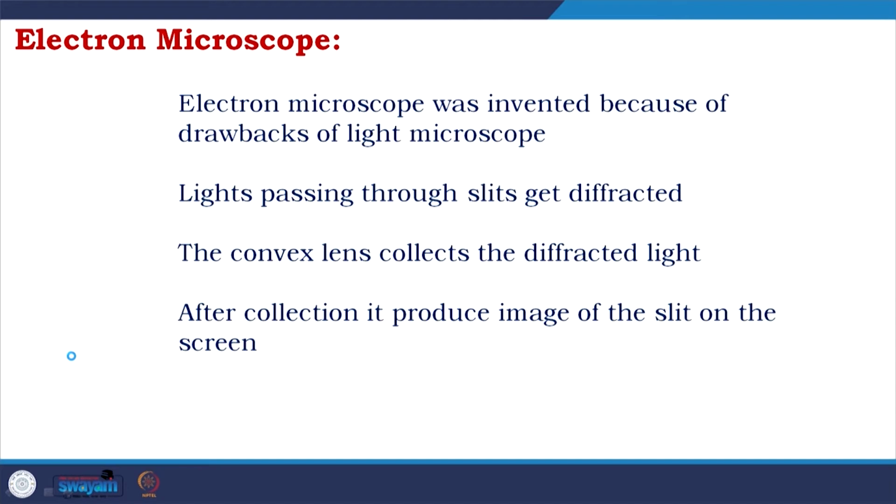So, from the slit comes the diffracted light, which is collected by the convex lens, and it goes and makes the image on the screen.